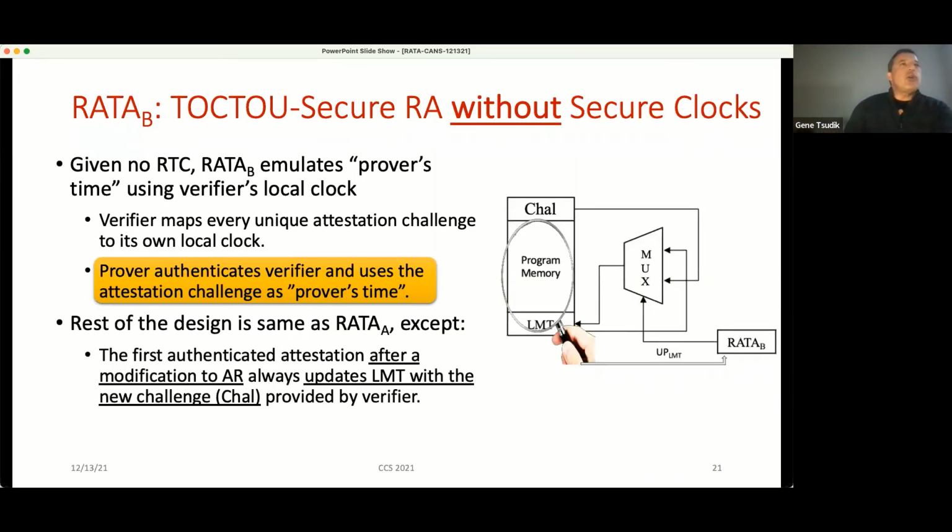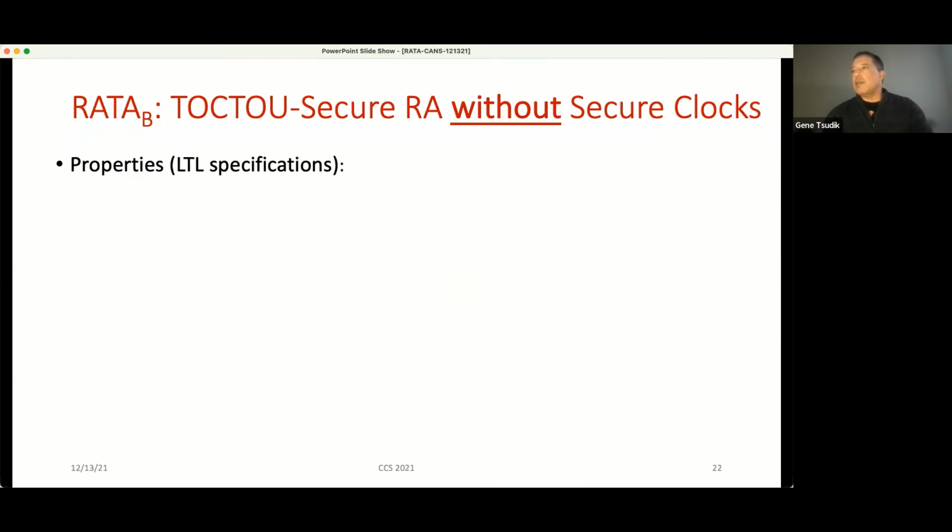And the rest of the design is more or less what you've seen with RATA-A, except, and this might sound a little bit non-trivial, that the first authenticated attestation after someone modified the attested region always triggers an update of this LMT, last modification time, with the new challenge of the verifier. And that essentially enables detection of potential writes to the attested region in the interim. Okay? Essentially achieving the same thing that RATA-A did with a secure clock.